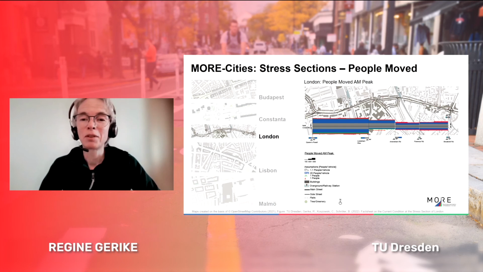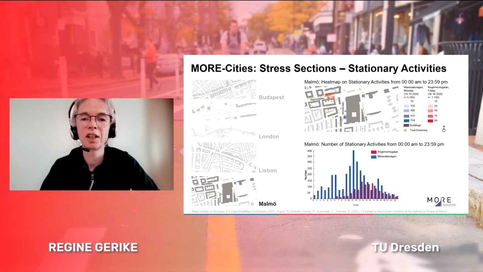The second example for an analysis that we did in MORE is for the stationary activities, and it is shown on the next slide. And this is an example from Malmö, from 2 out of the MORE reference streets here. And you see heat maps for the stationary activities.